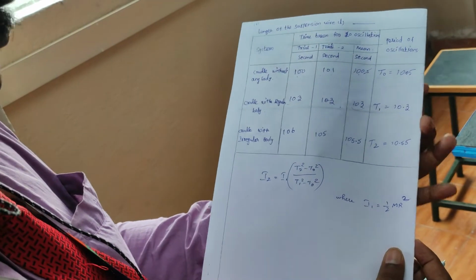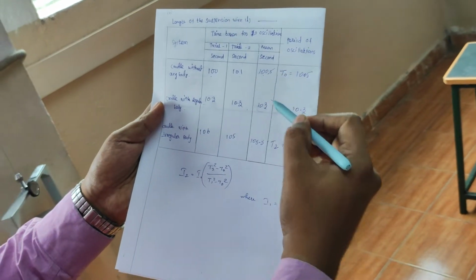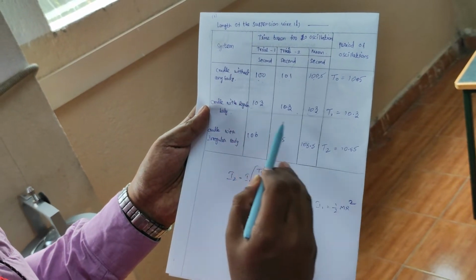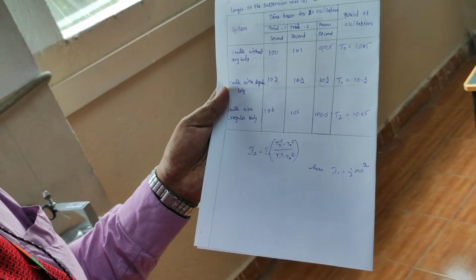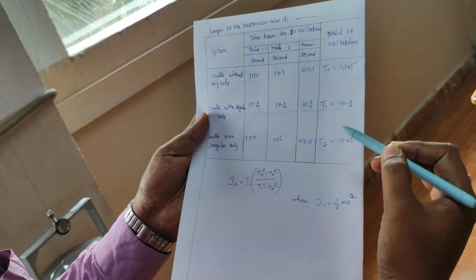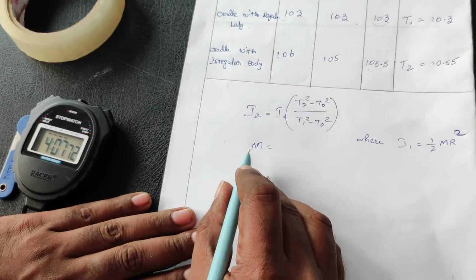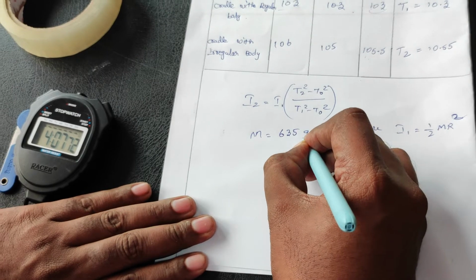So these are all the time taken for the body with the different positions. First one is with the empty candle, and second one is with the known mass, and third one is with the unknown mass. Okay, so now we found T0, T1 and T2. And I already said the mass of the regular body is 635 gram.